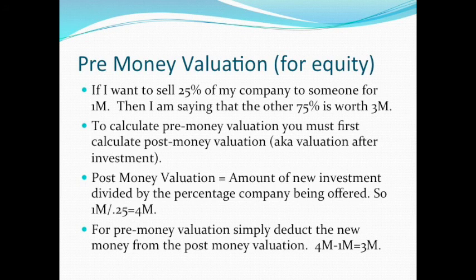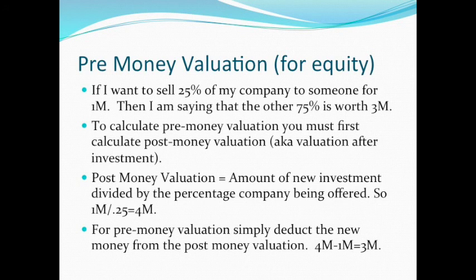How do you calculate that? It's easy to do with these nice round figures like $1 million and 25%, but this is how that calculation is performed. To calculate pre-money, you must first calculate the post-money valuation, or the valuation after investment. Post-money valuation is equal to the amount of the new investment divided by the percentage of the company being offered.